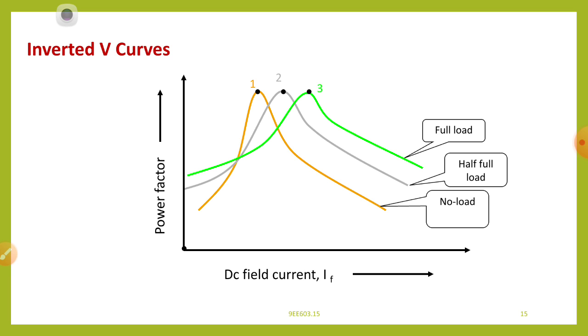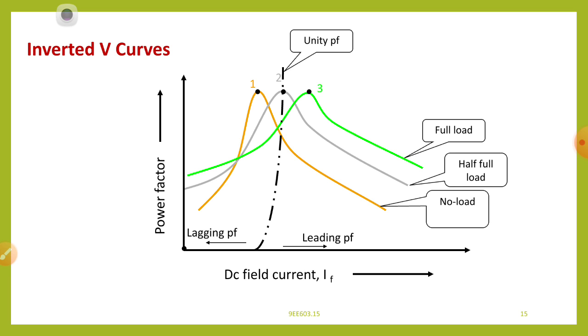But all 3 curves show an inverted V shape. This is the second unity power factor; this area is the lagging power factor and this area is the leading power factor. This is the normal excitation condition.